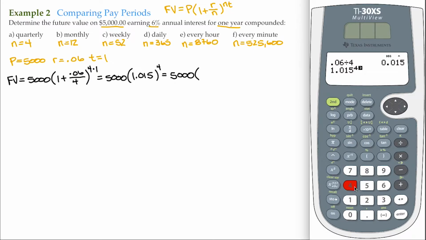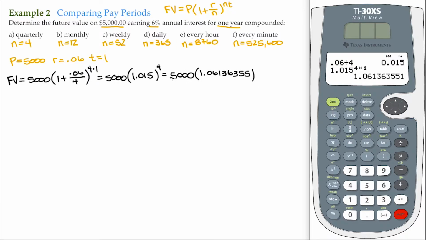Since we're just talking about 1 year, I'm not going to multiply to 1, but just for the sake of exercise, we'll go ahead and do it. And hit enter. 1.06136355.